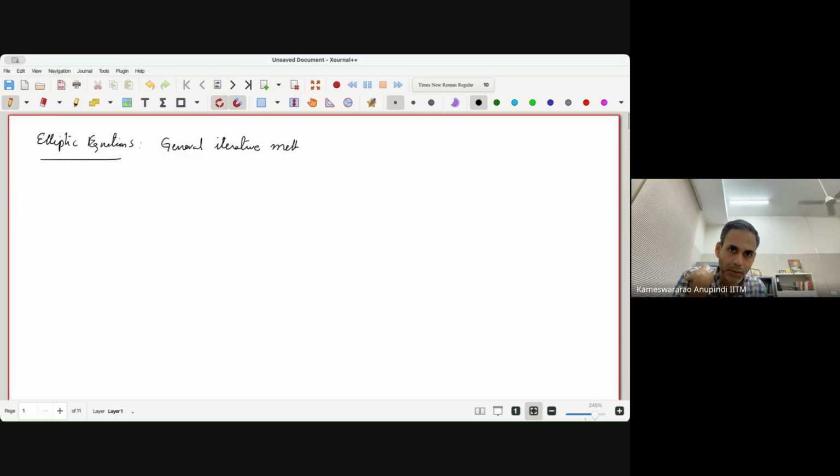We said essentially we want to solve Ax = b. A is split into A1 minus A2, such that A1 is easier to invert than the A matrix.